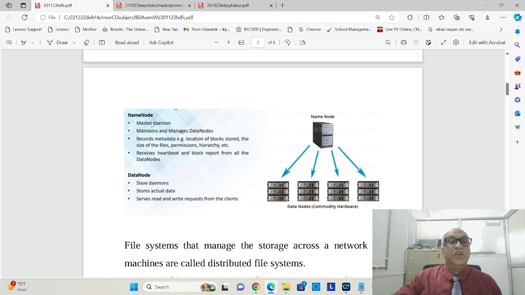The name node is called as a master node or a master daemon, and you have data node designated as slave daemon. So what the name node does is it will be managing the data nodes. It will be maintaining the metadata like location of the blocks stored, the size of the files, the permissions, the hierarchy. It receives heartbeats from the data nodes and it can also receive block reports from all the data nodes.